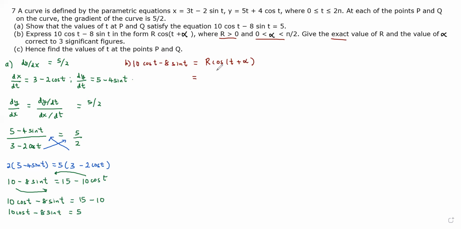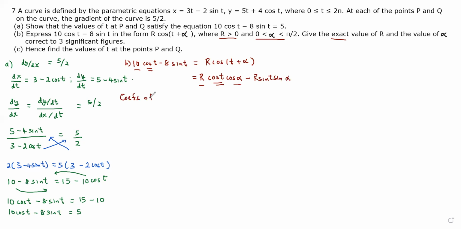On the right side, R cos(t plus alpha) can be expanded using the compound angle formula for cos. So we have R cos t cos alpha minus R sine t sine alpha. Compare that to the left, looking at the coefficient of cos t.